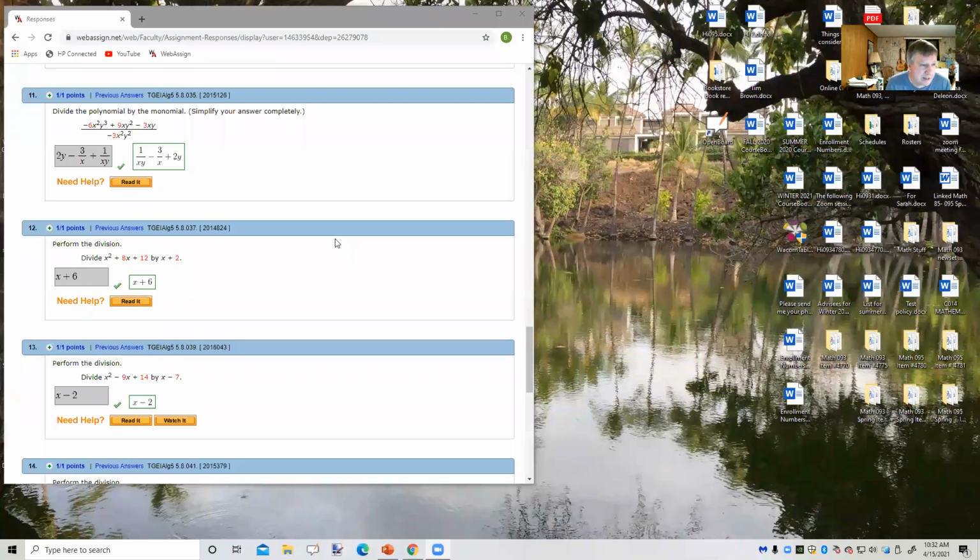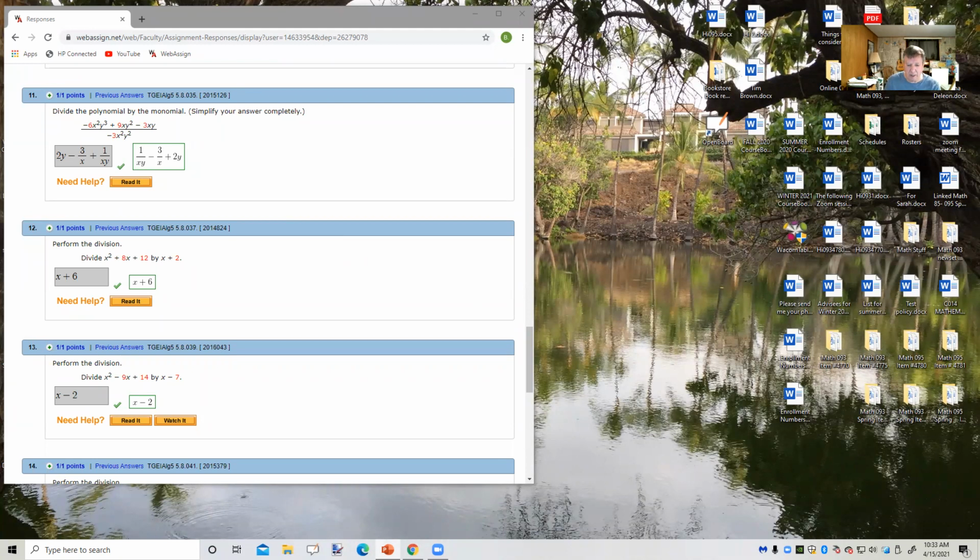It says divide the polynomial by the monomial, simplify your answer completely. So we've got negative 6x squared y cubed plus 9xy squared minus 3xy, that whole thing divided by negative 3x squared y squared.